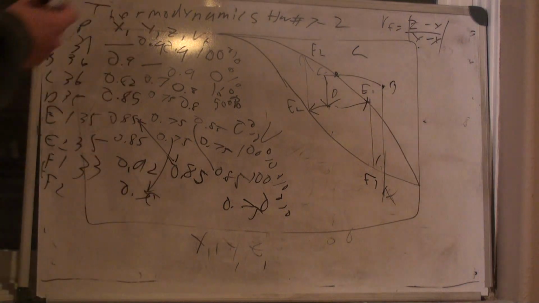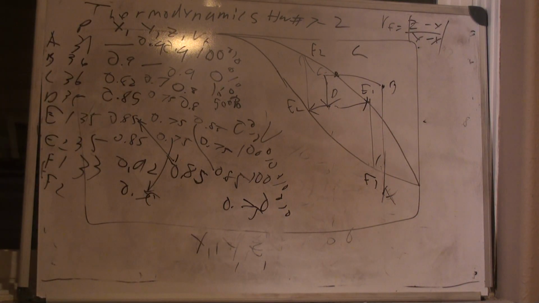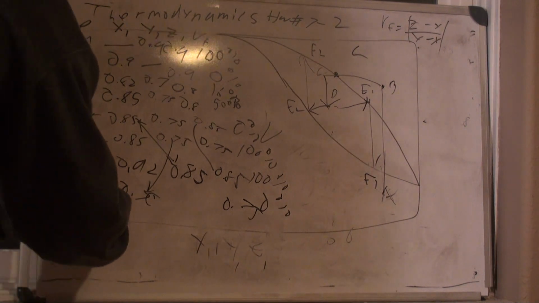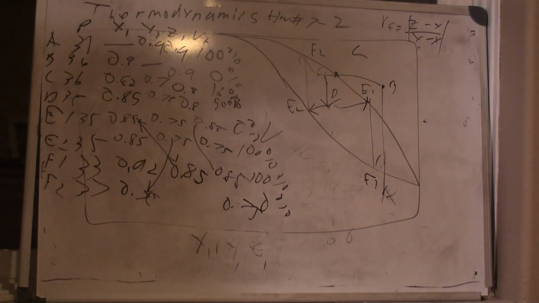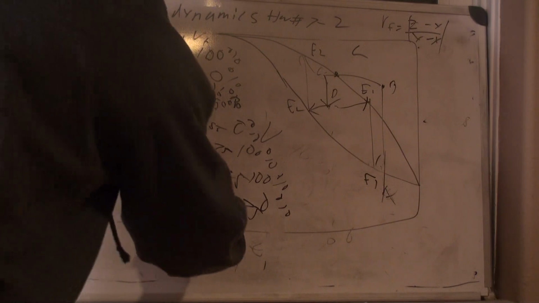Now I just need to figure out my new y based on that one. And the pressure was about 37, and when I read 37, that's about 0.65 or something.